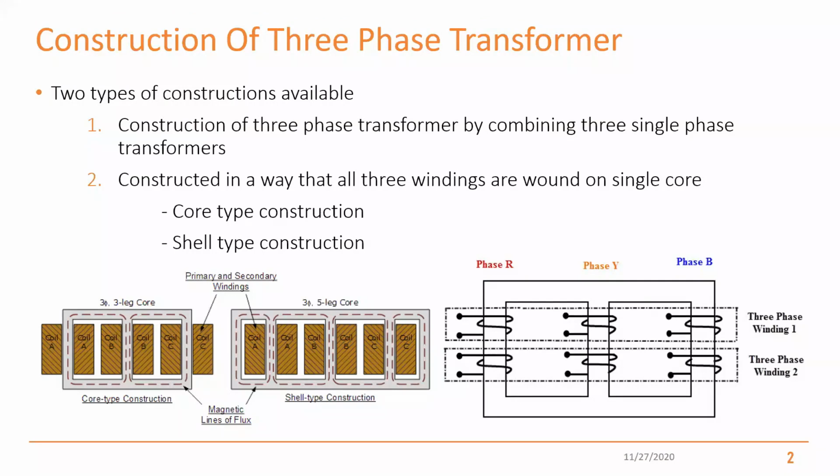Okay. So as we discussed for the single phase transformer, there were two types. If you wind on a single core, there are two ways: one is core type construction and the other is shell type construction.